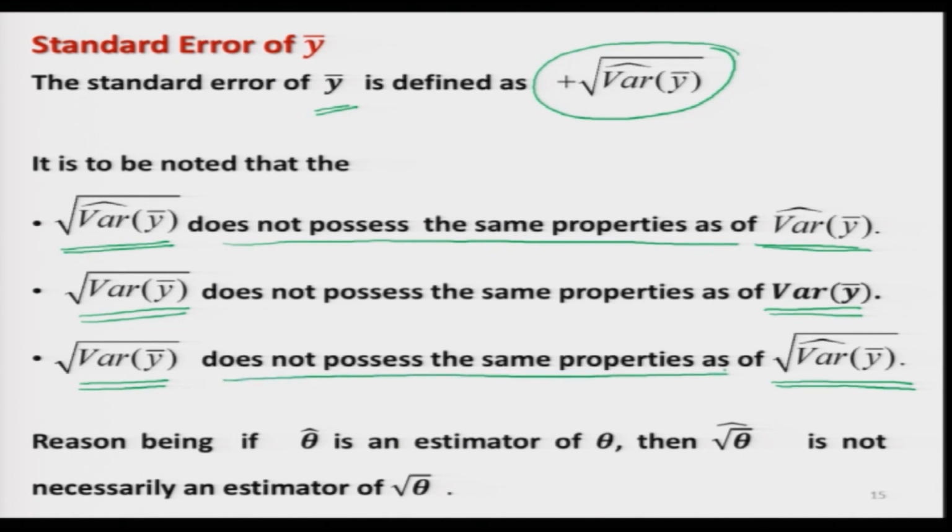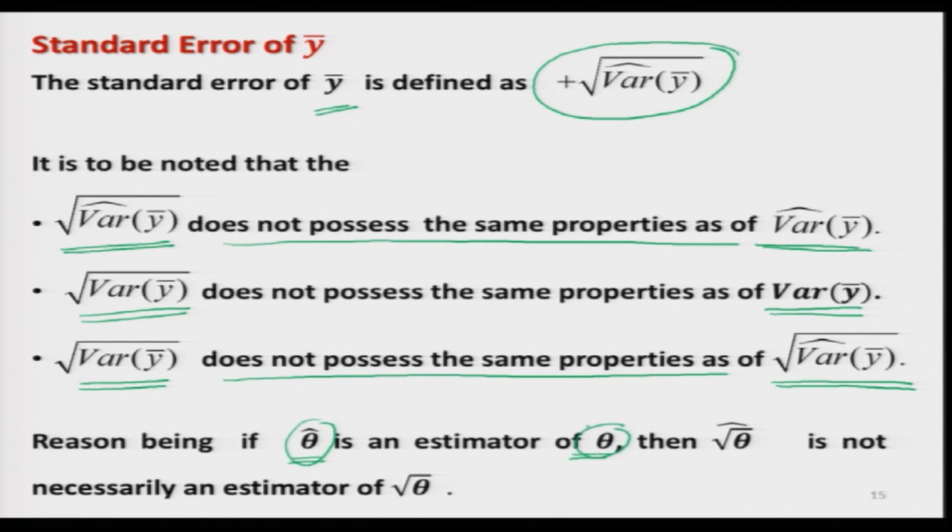You have to be very clear in your understanding. And there is a statistical fundamental behind these conclusions. From the statistical estimation point of view, if we are trying to estimate a parameter theta by its estimator, say theta hat, then theta hat is an estimator of theta.